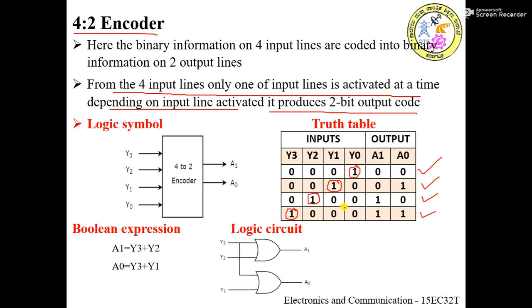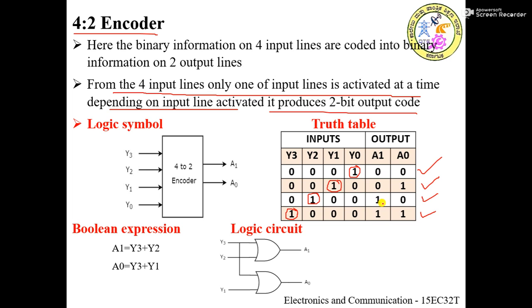It is very simple for us to write the logic expressions for the outputs, that is for A1 and A0. A1 is 1 whenever Y2 and Y3 are 1. Correct?